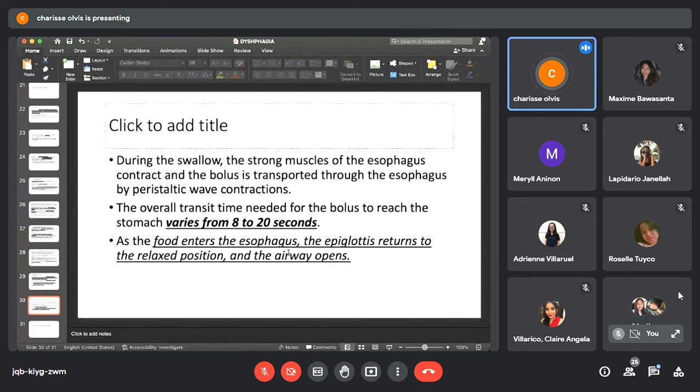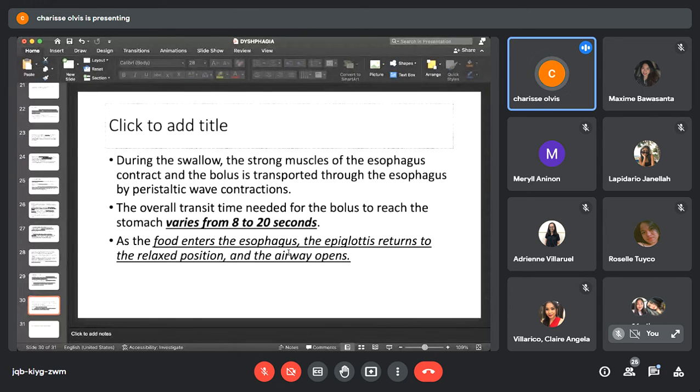If you see in the assessment that it takes very long for the bolus to be swallowed, like let's say 5 minutes before you can proceed to the next scoop you give, okay? Then there's really a great problem for the patient.